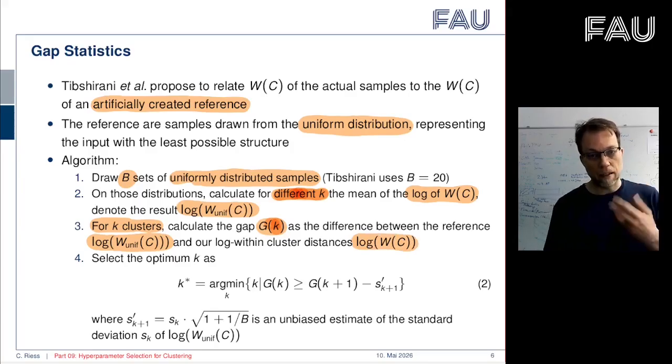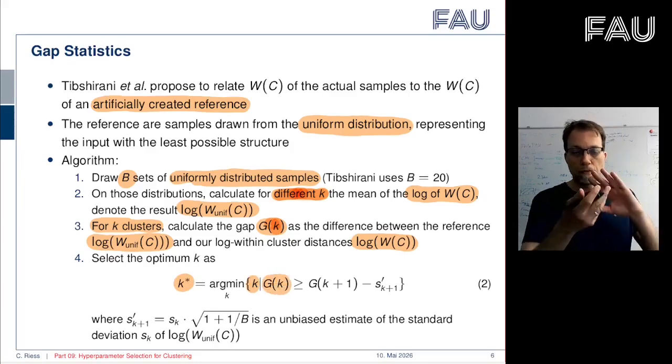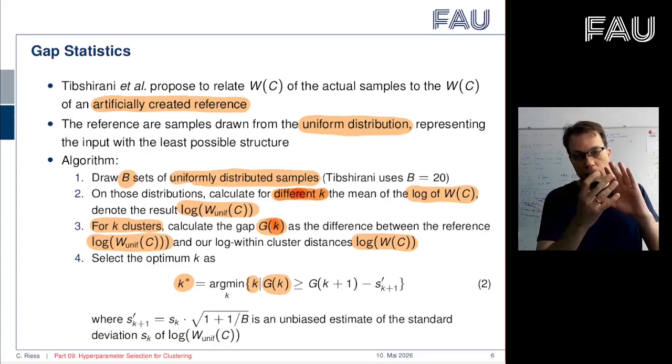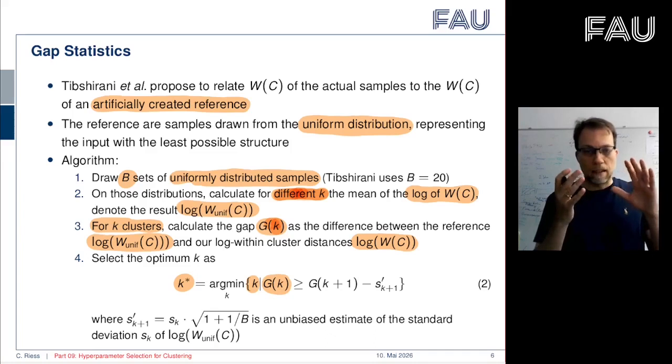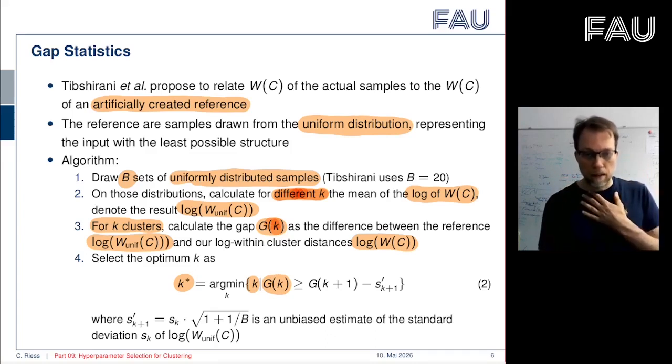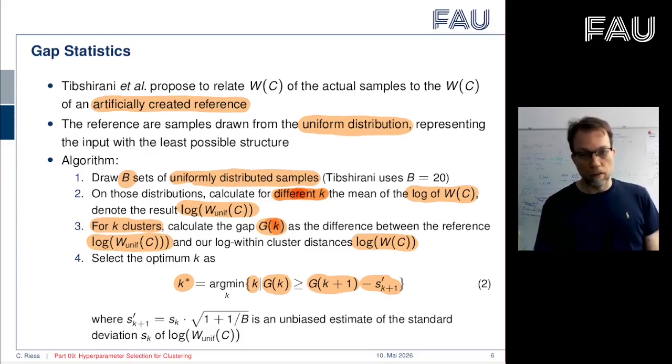And the criterion for selecting the optimum k is to choose the smallest k for which the gap is larger for k than for k plus 1 minus some standard deviation of these 20 draws that we had for the uniformly distributed data.